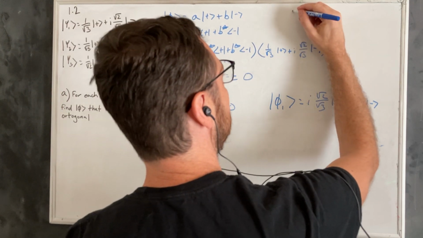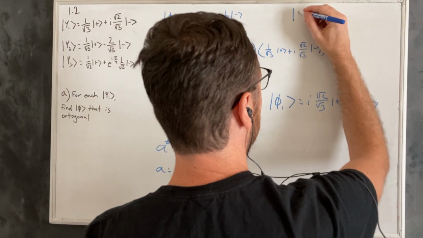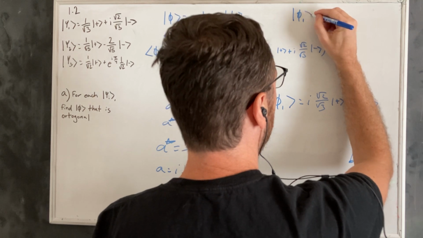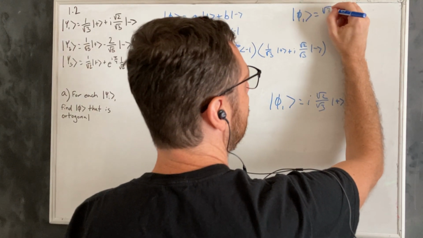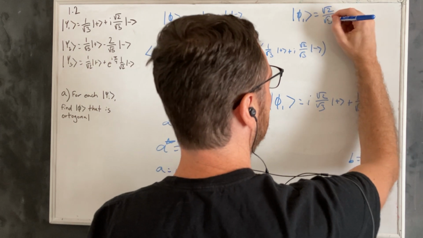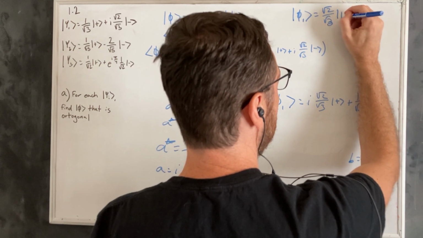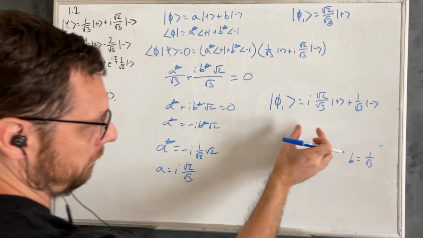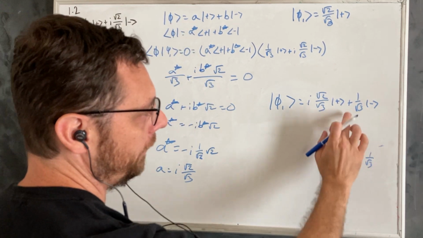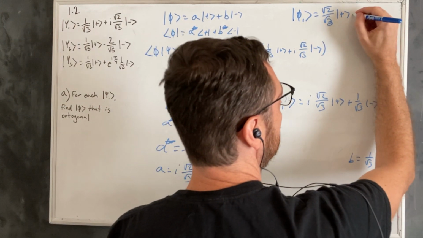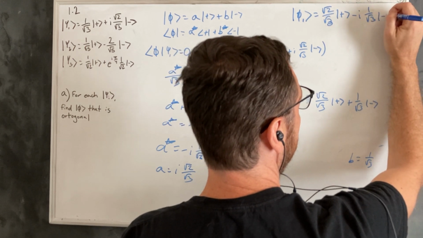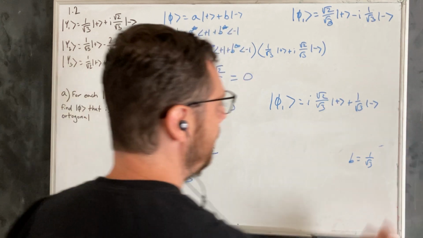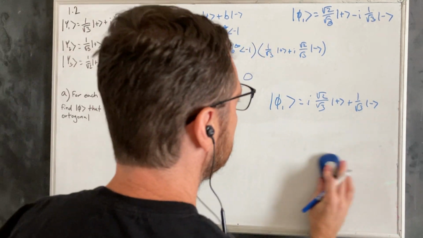So then what we would get, so this is the solution you might find if you were to look up the solutions, I'll write it in this form: root 2 over root 3 up minus, because remember we multiplied a negative I across, so there's going to be a minus I 1 over root 3 down. Okay, so then that's our first one.